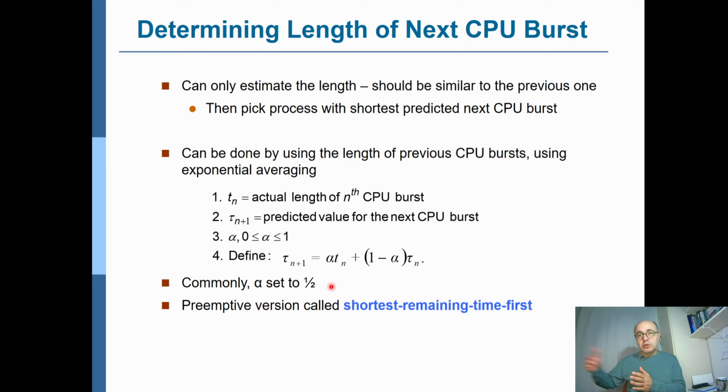Maybe I've executed this process for some time and there's only 1 millisecond remaining, and the new process that comes in is 2 milliseconds. Still this one has less remaining time, so I wouldn't do a context switch in that case. But if it has more execution time left, then I decide on doing a context switch.